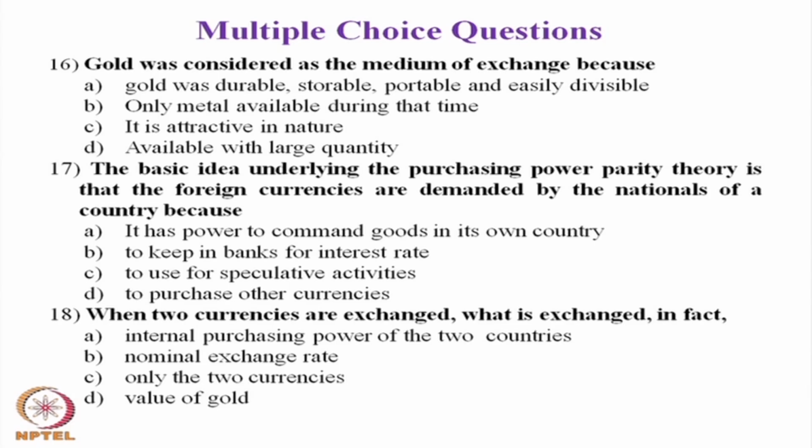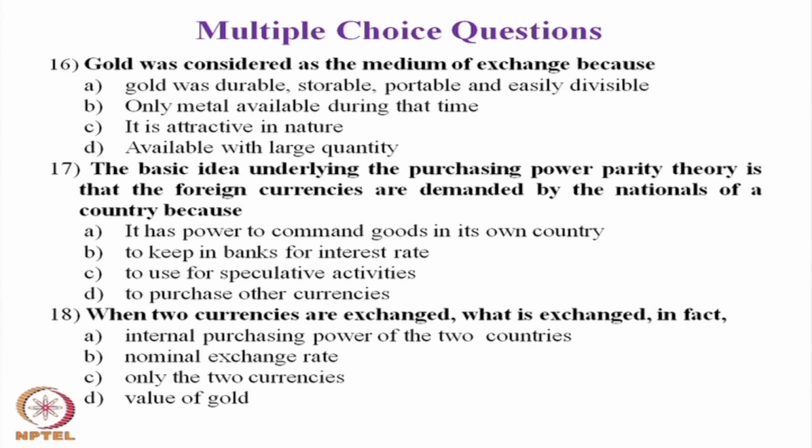Gold was durable, its price is stable, you can store it, it is portable, and easily divisible into small minute units, and it has its own purchasing power. So, gold was considered as a medium of exchange because it was durable, portable, storable and easily divisible. Question number 16, the answer is A.